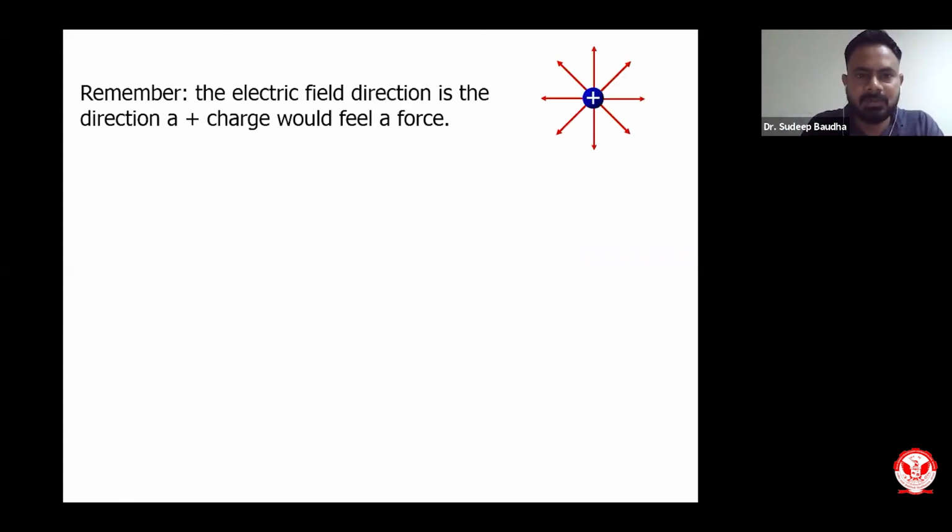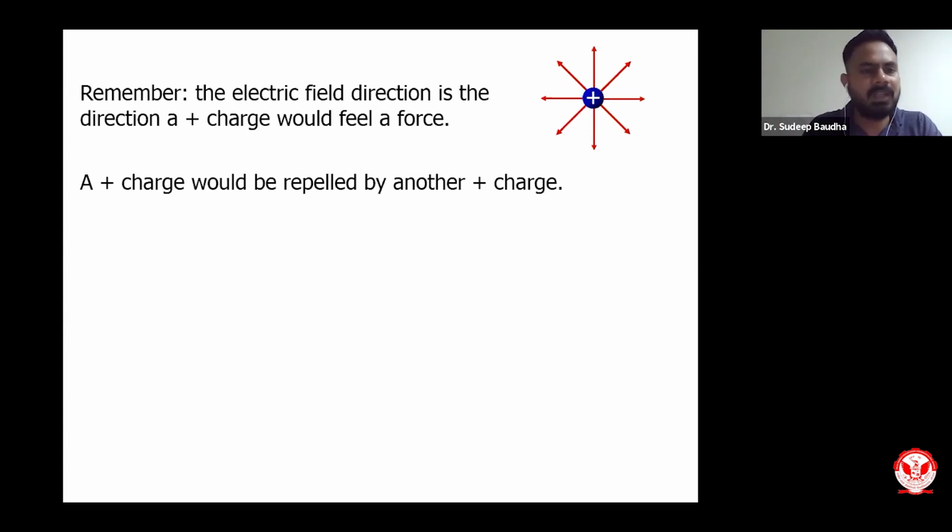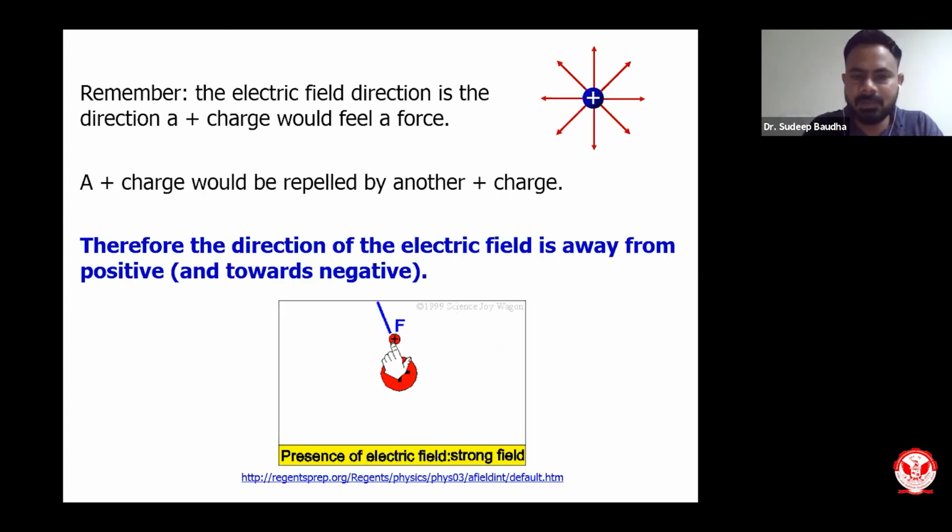Remember, the electric field direction is the direction of force on a positive charge. A positive charge will be repelled by another positive charge. That is our understanding. Therefore, the direction of electric field is always away from positive and towards negative. Please remember, this is how the direction of electric field will be.